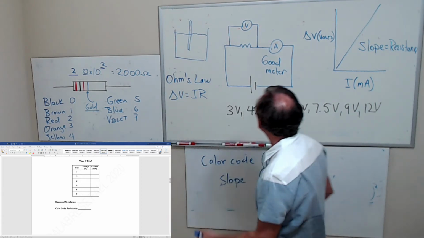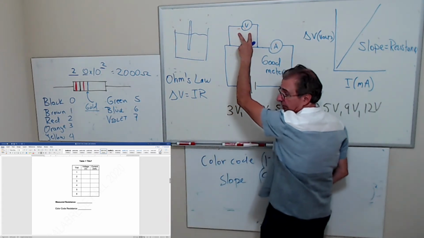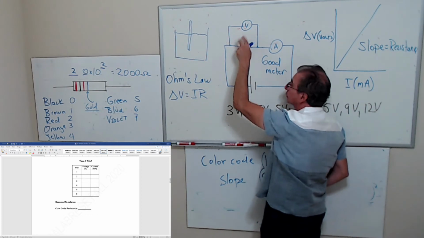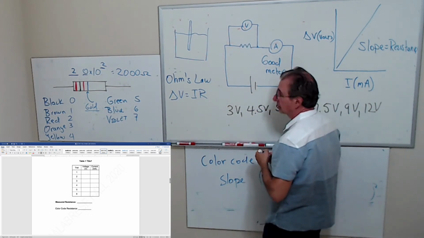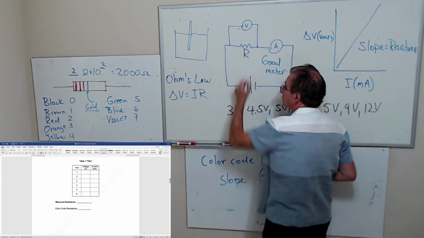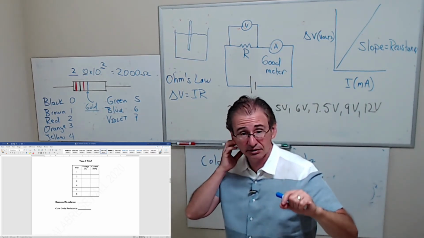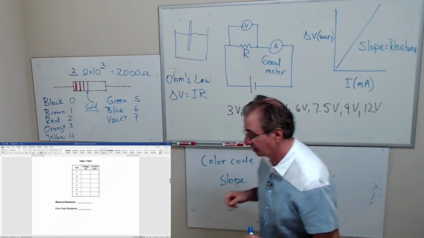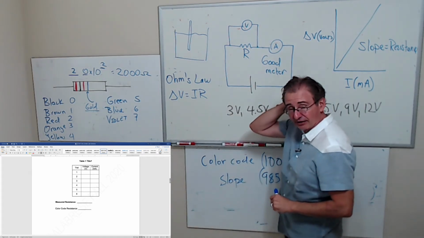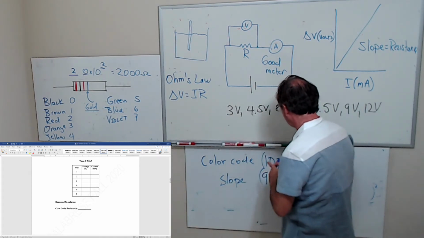Well, the same thing here. I do not want my voltmeter to affect my voltage measurement. So the voltmeter has to have special properties so that the measurement is not affected. What is that special property?